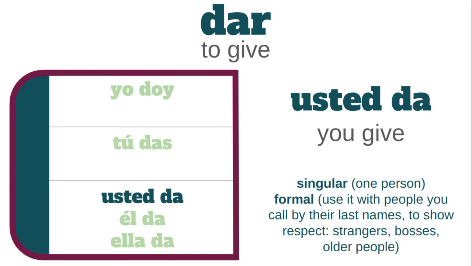The next one is usted da. That's a more formal form of you give that you still use when you're just talking to one person, but when it's someone that you call by their last name or someone you don't know, a stranger, an older person, or someone you want to show a little more respect to for some other reason. Usted da.